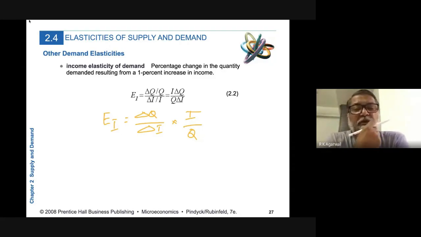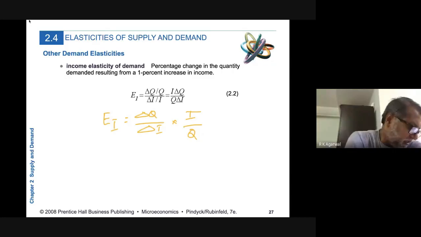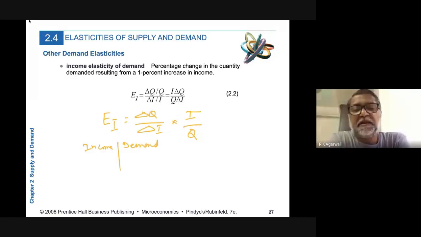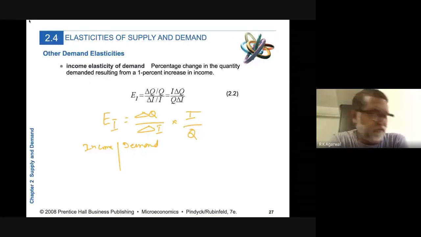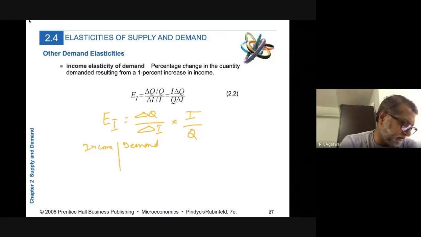Now think of this situation. Here you have income and here you have demand. All other factors are the same, like price, substitute prices, tastes and preferences, number of consumers. The only things changing are income and demand.